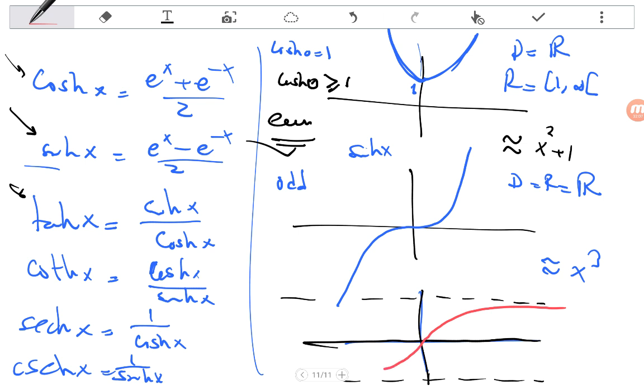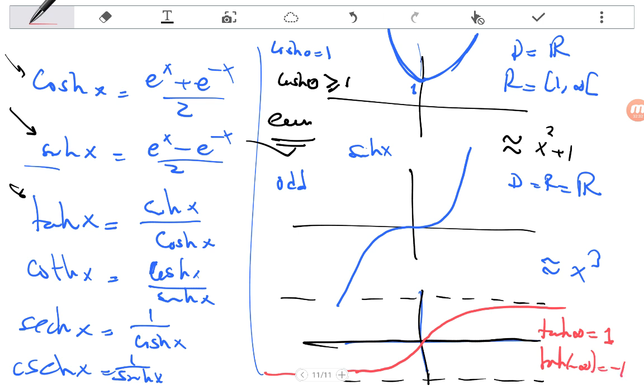We have a horizontal asymptote for the positive side. We learned that tanh of infinity is just 1, and tanh of negative infinity is just negative 1.